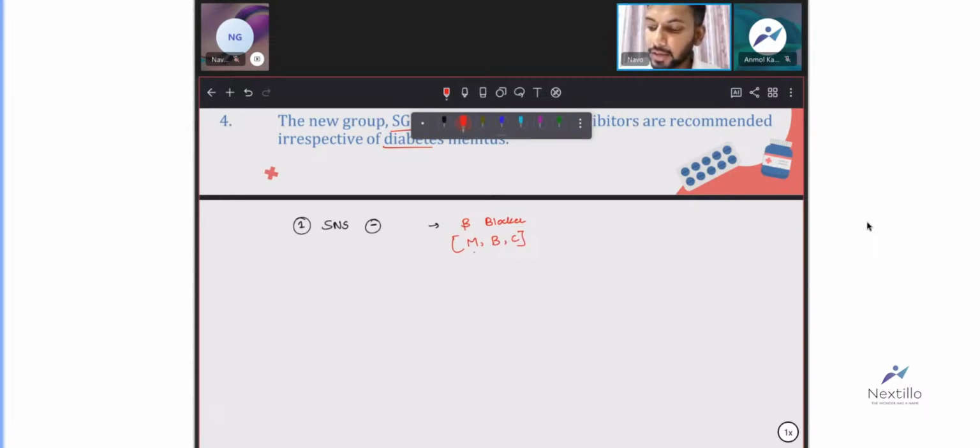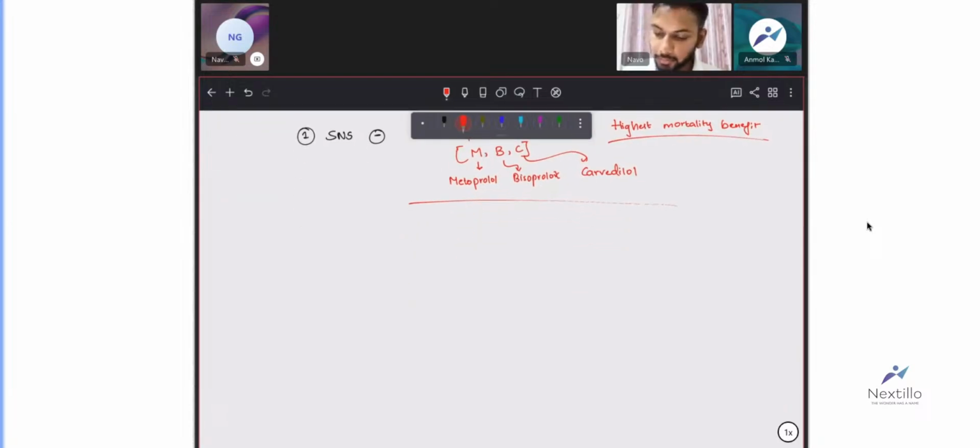That is MBC, meaning metoprolol, bisoprolol, and carvedilol. Now, the most important point to know: beta blocker has got the highest mortality benefit of all the drugs. Highest mortality benefit. So it is a first line drug.